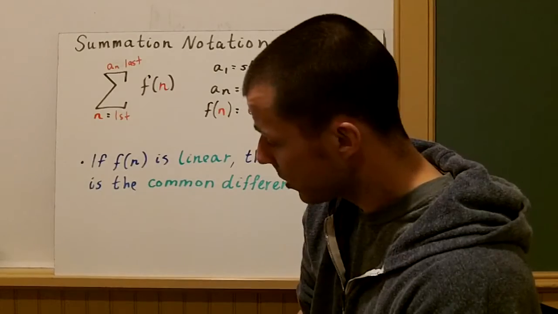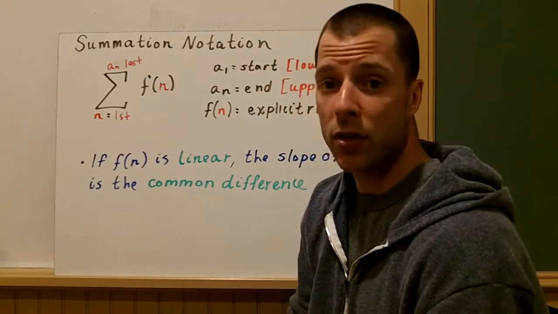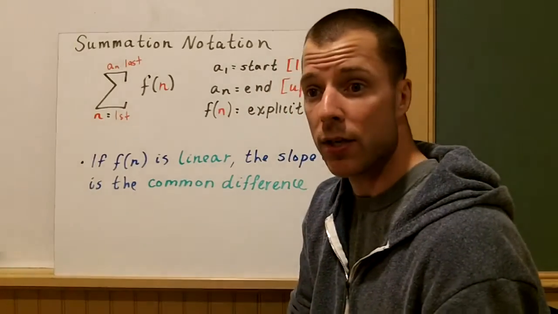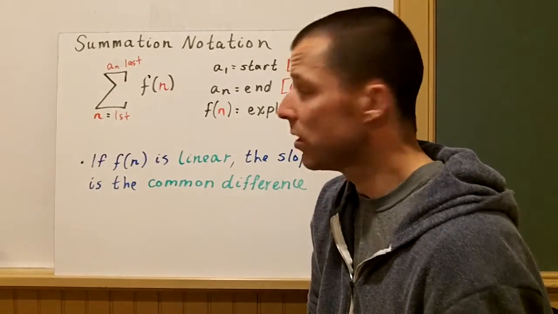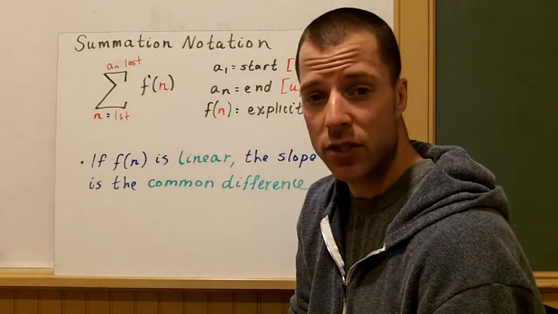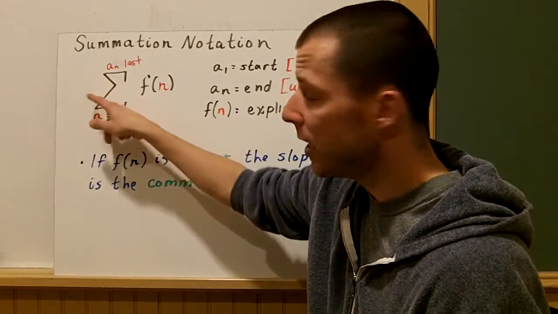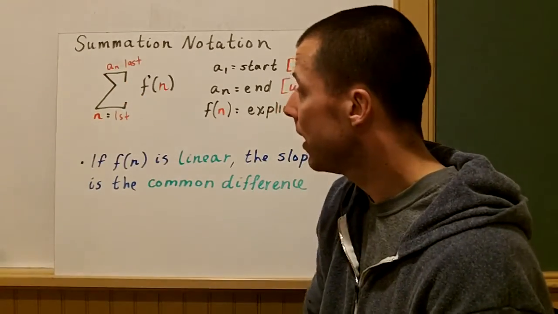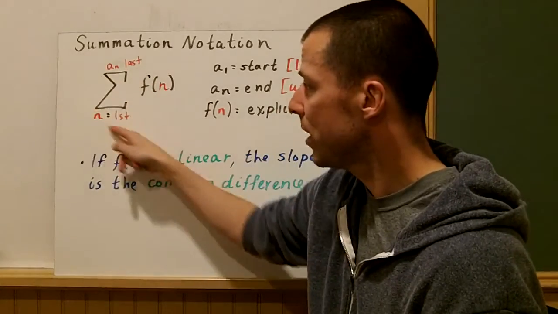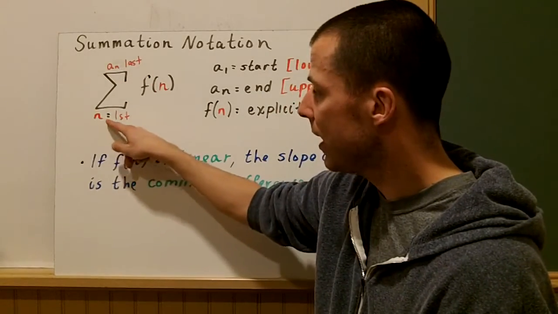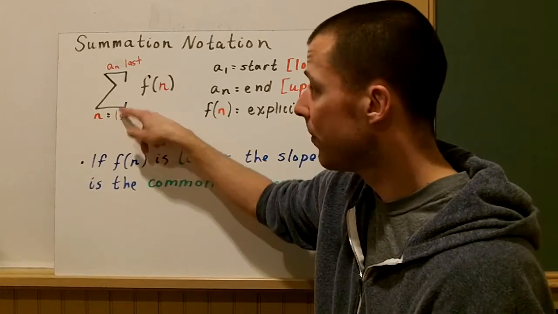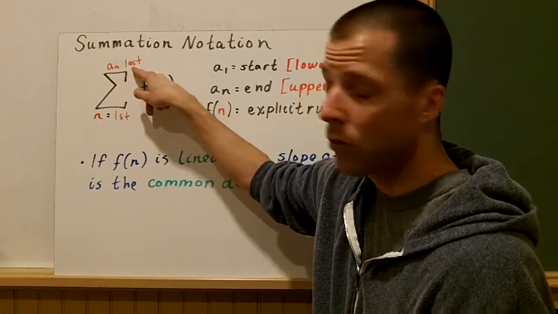Summation notation. There are other ways that we can write a series in summation notation. Summation notation really talks about limits. This E, it's not really an E, we call that sigma. This is the general summation notation. You have n equals wherever you're starting from, and a sub n wherever you're ending.